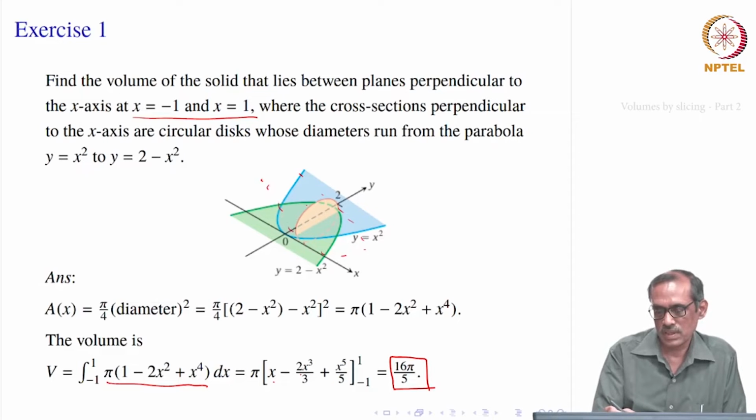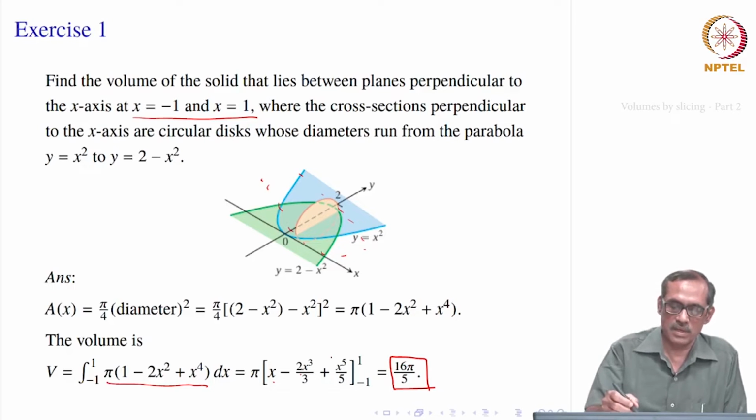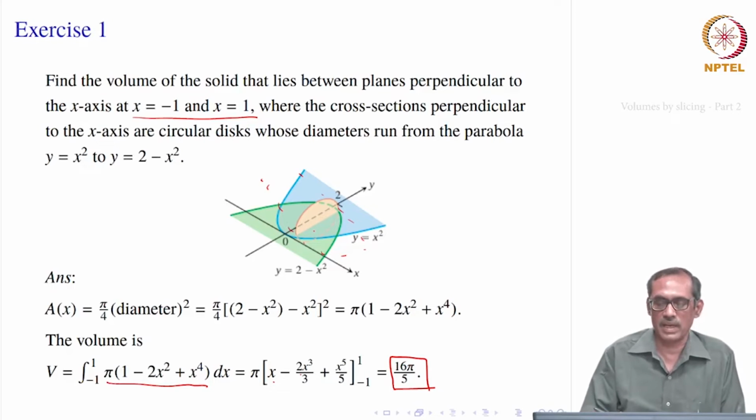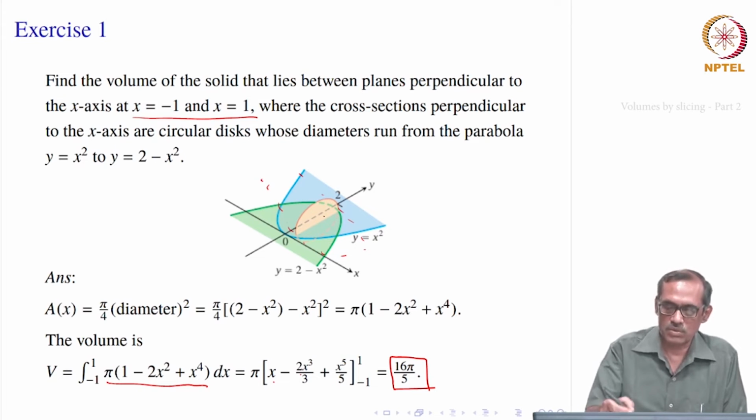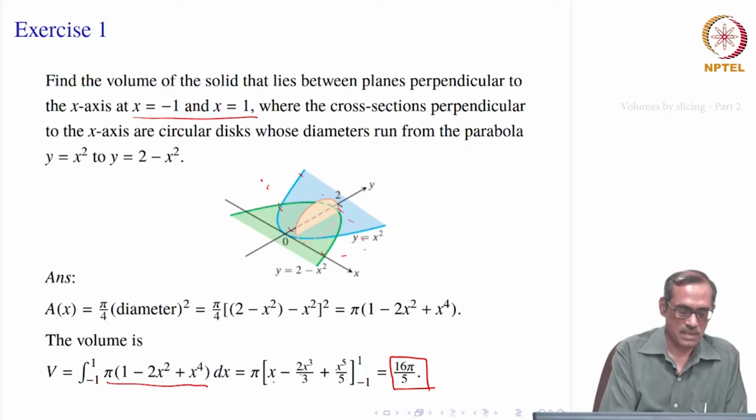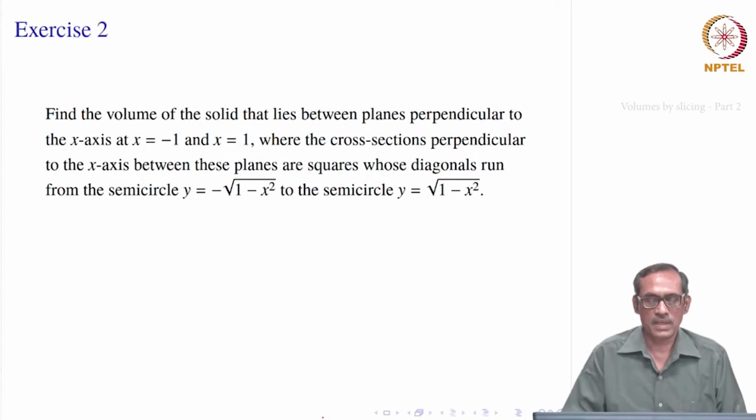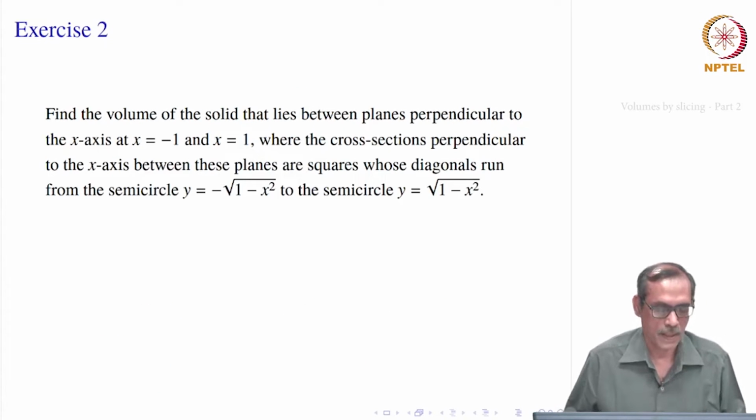At x it is of this circle, at another point x it will be a smaller circle or maybe a bigger circle, depending on where this x is, right. So, that is how it looks, but it is enough to find the cross sectional area, because anyway it will be plugged in the integral. So, that is what we have to plot in the figure, how to get the area of the cross section. Okay. So, let us take the next problem.